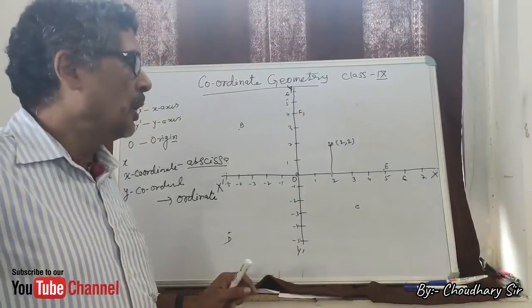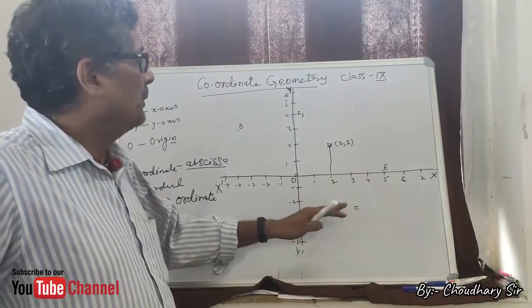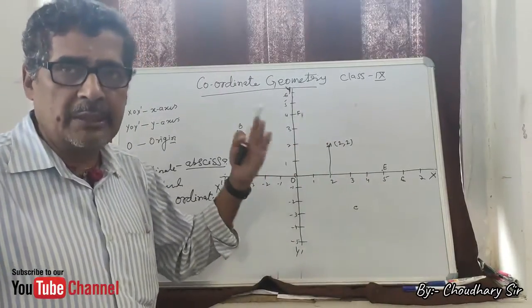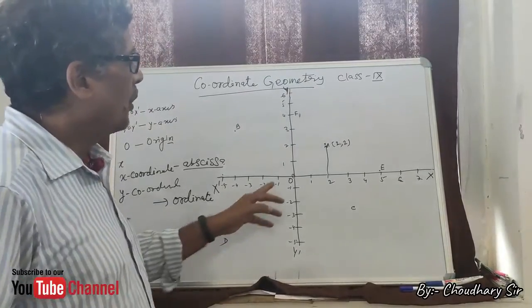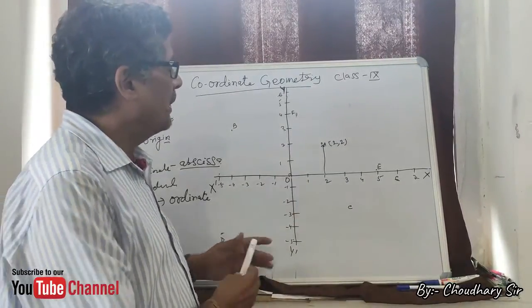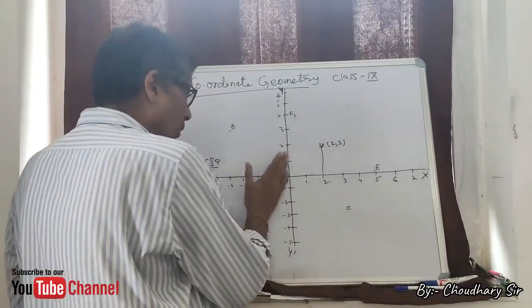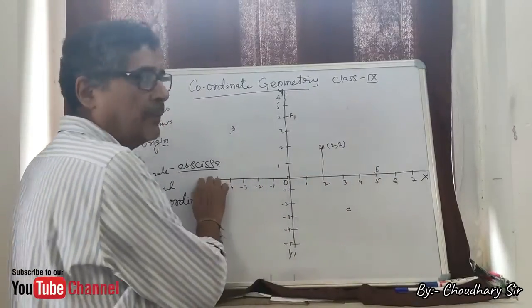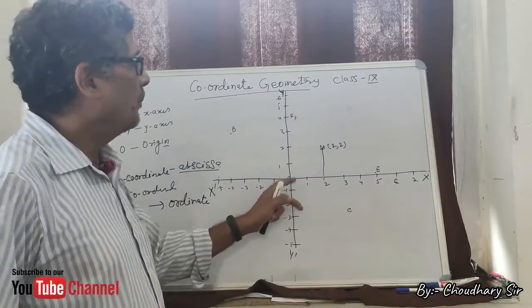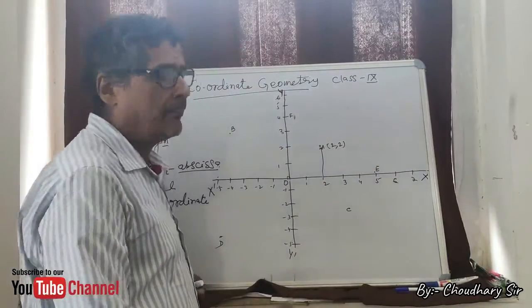Okay? Now what will be the sign, positive distance or negative distance? From the origin, distance to the left along the x-axis, this is your left, this is your right, is negative, and from the y-axis the distance to the right is positive.